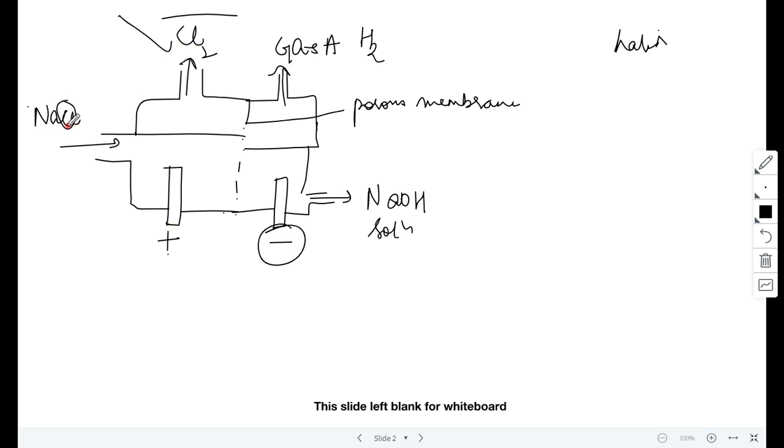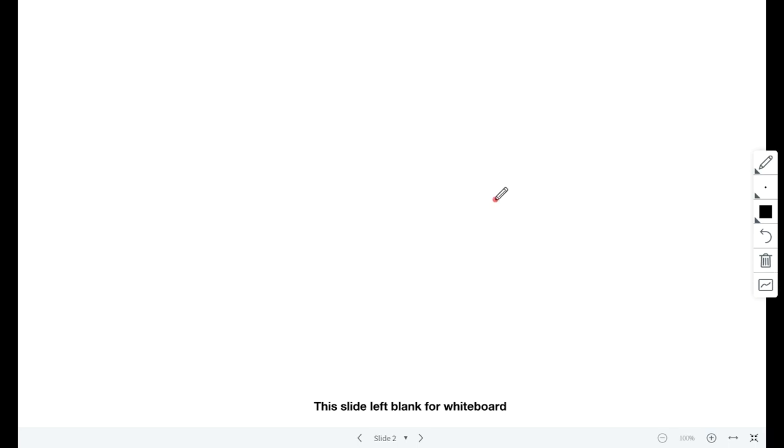But here, out of sodium and hydrogen, sodium is more reactive, so it is going to stay in the electrolyte solution. So of course hydrogen gas will be formed. Clear? Okay, so the last question we'll discuss is this one.